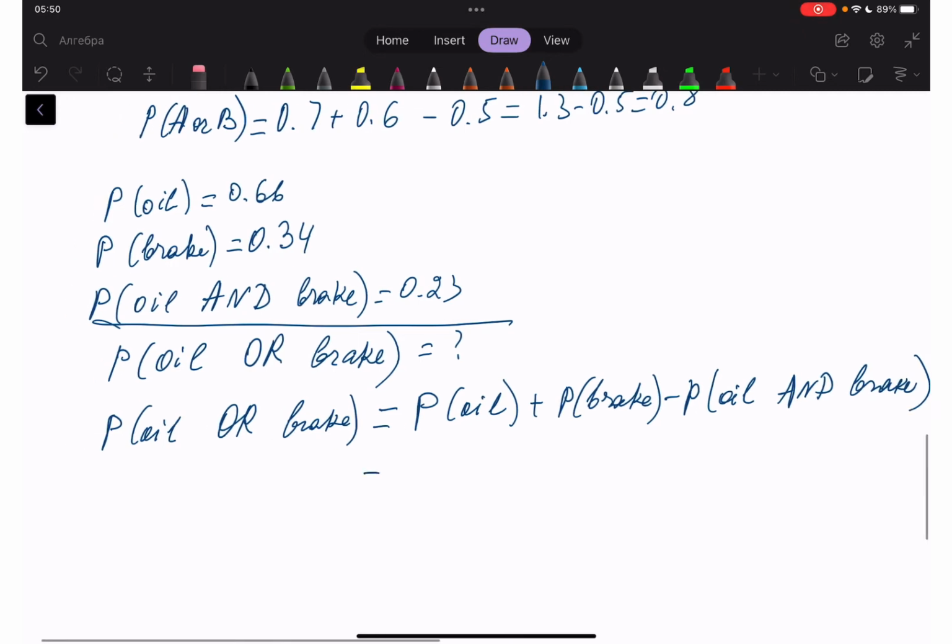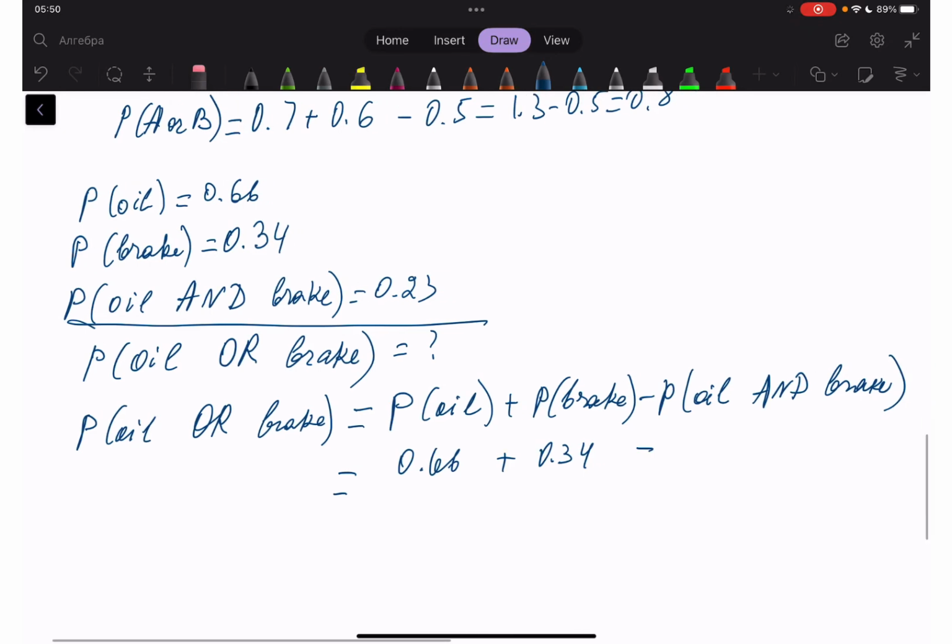So this is equal to probability of oil 0.66 plus probability of brake 0.34 minus probability of oil and brake, which is 0.23. So 0.66 plus 0.34.